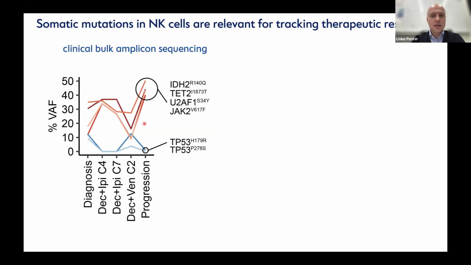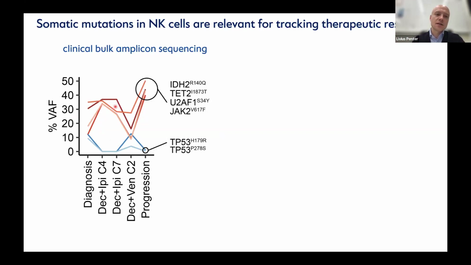And then by looking at the variant allele frequency, you can actually say whether the leukemia recedes or comes back. So it's a pretty nice way of tracking leukemic burden. And in this patient, we see an interesting pattern. So we have two sets of mutations.